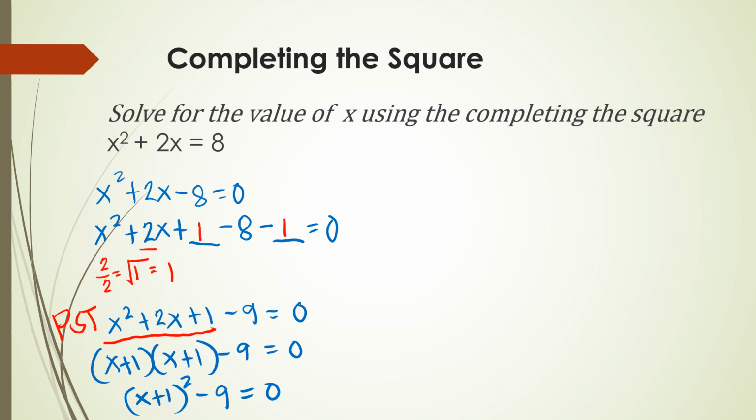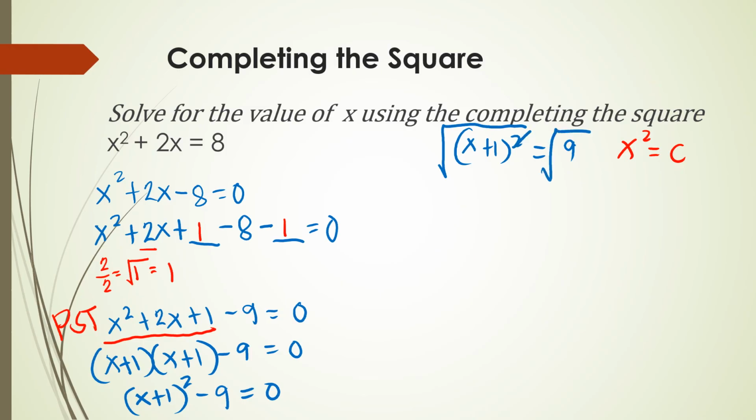Now, in this case, ganito na yung given natin. Let's continue here. So, you have x plus 1, quantity squared, is equal to 9. Okay? Using the addition property of equality. Now, ang gagawin po natin dito, naka-form na siya ng x squared is equal to c. So, we can apply now the extracting the root. So, get the square root of both sides.